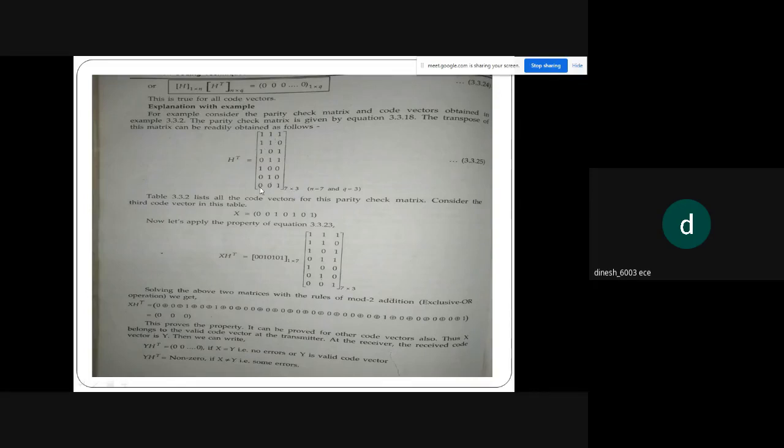We are finding the H matrix. Now I consider a code vector X is equal to 0, 0, 1, 0, 0, 1, and I'm taking this code vector from the table.